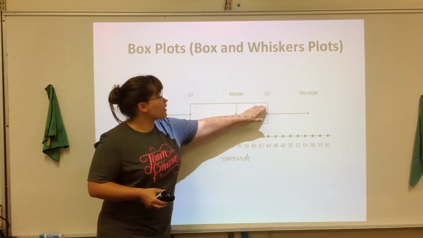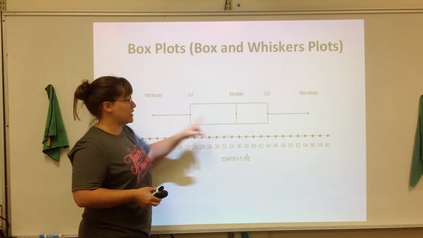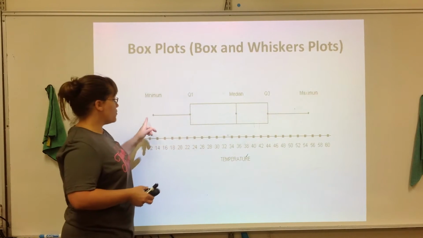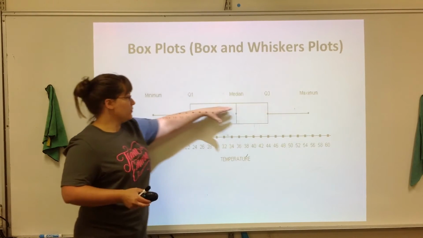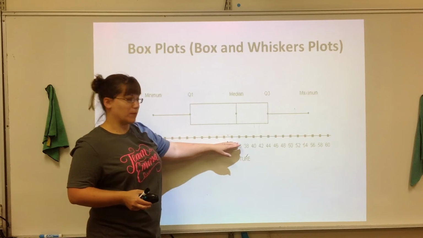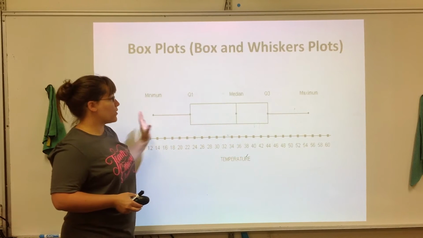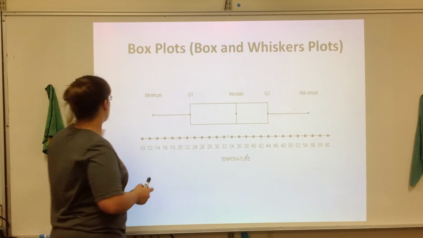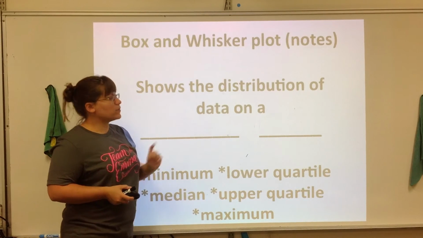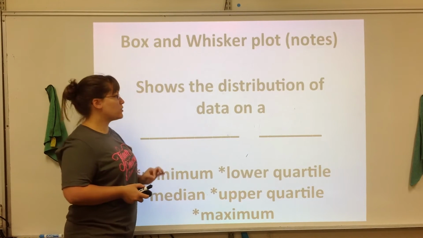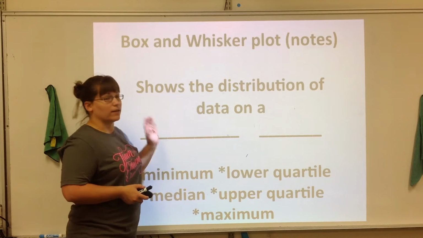These are the 2 boxes, and then these lines, like I said, are the whiskers. So you notice that there are 5 points above this number line. So we're going to draw this in our yellow notes, but first let's fill this in. A box and whisker plot shows the distribution of data on a number line.